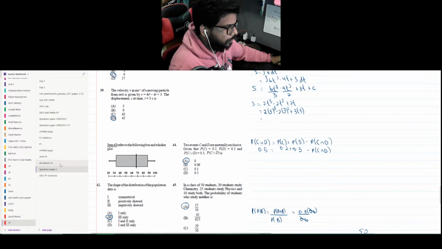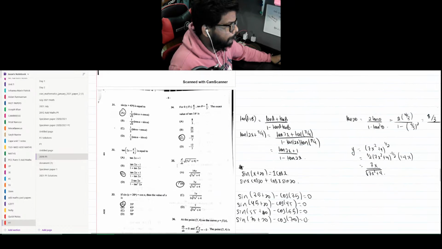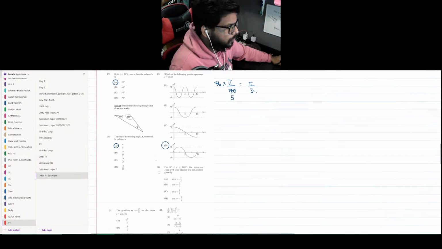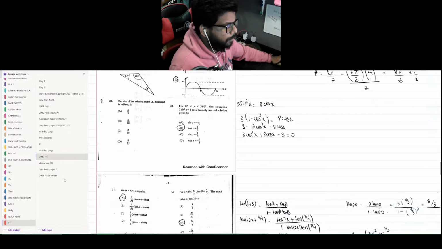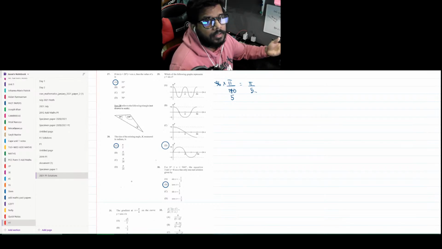If it wasn't there, it was in 2019. 3 sine squared x is equal to 8 cos x, and the range is 0 to 360. The answer would have been B, which is 1/3. Cos x is equal to 1/3. So you see, they didn't even rearrange the order of the answers. They just take the question and slap it back into the paper.